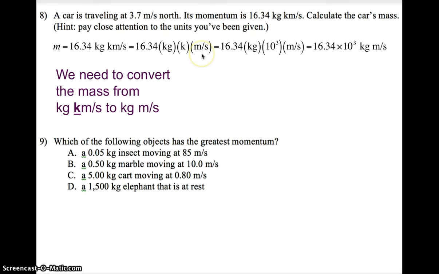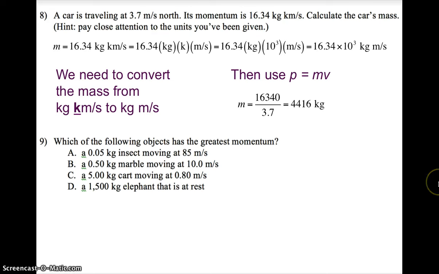All of those are separate from each other. But then you just substitute in for kilo. A kilo equals 10 to the 3. And now when you get rid of that extra kilo, the remaining units are what you want, kilograms, meters per second. Then you use the equation, plug in the values, and this is the calculation you'd get for mass.